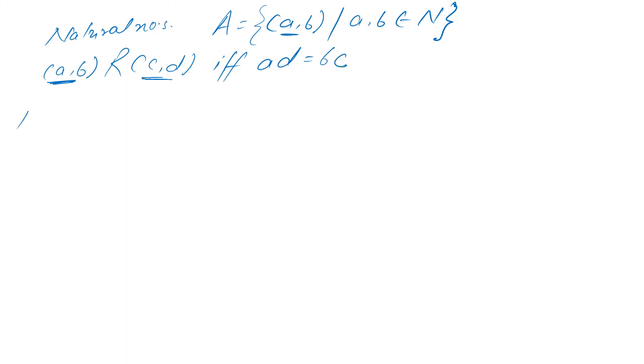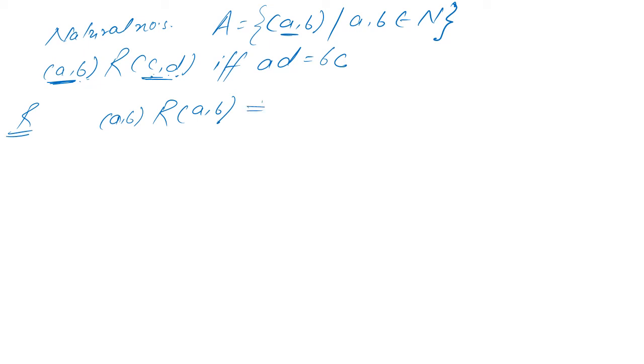Let's first check for reflexivity. Reflexivity simply means that every element must be related to itself. Now let us see whether (a, b) is related to (a, b). The definition of the relation says (a, b) is related to (c, d) if and only if ad is equal to bc. That means this element multiplied by this element should be equal to this element multiplied by this element.